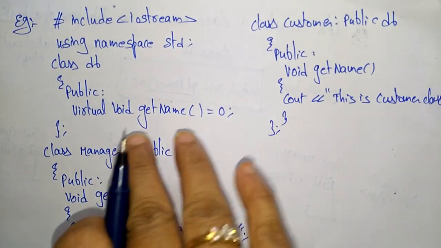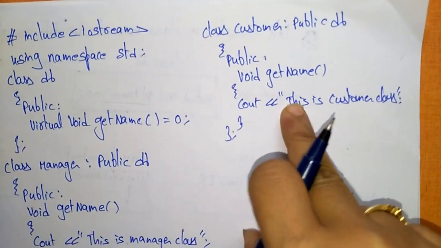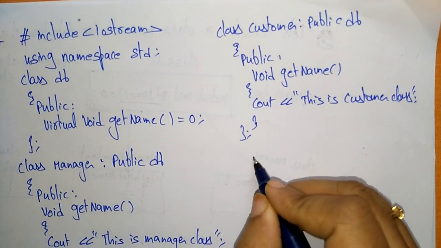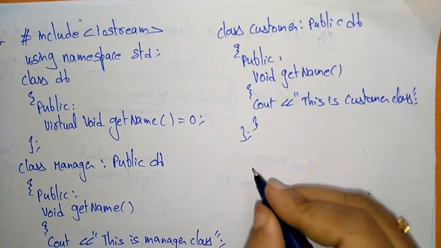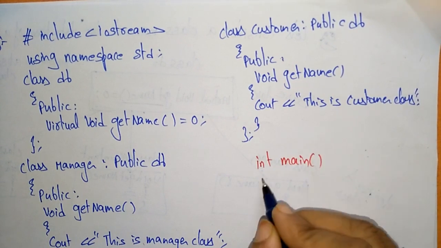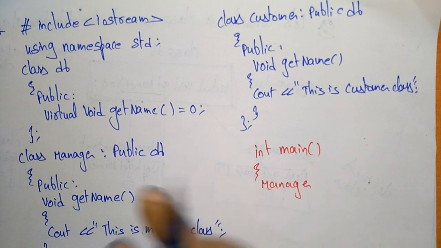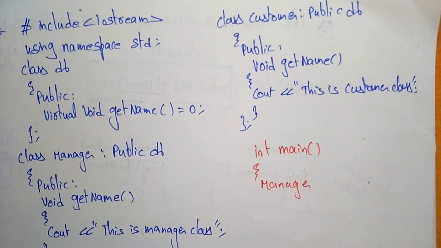So now I have written the base class and the three derived classes. Now write the main function. So what will be the main function? Int main. First it calls manager. For this manager class, it creates an object.